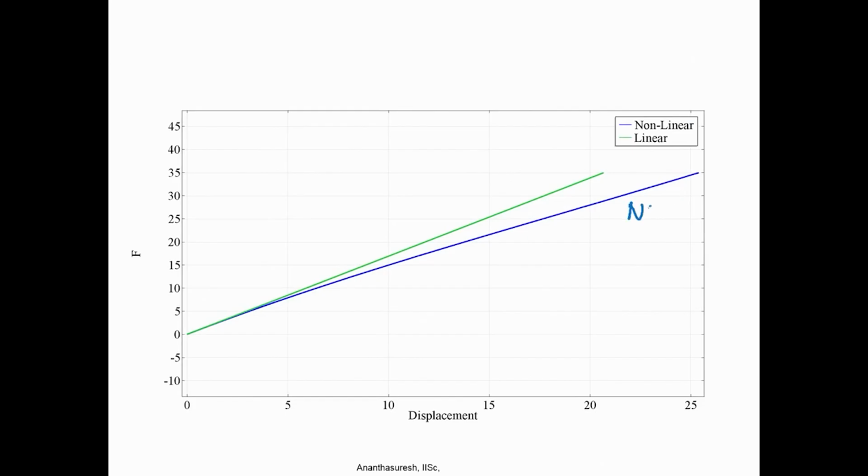This is nonlinear, again there is no need for a hyphen, and this is linear. In general, for most compliant mechanisms, for the same force, if you look at the slope, this one looks stiff for linear and not so stiff for nonlinear, but that would mean that in the nonlinear case the slope is reduced, meaning it is more flexible, but in general that is not true.